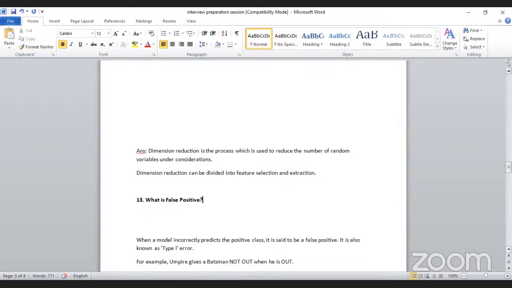So we have an example here. The umpire gives a batsman not out, but he is out. So that is false positive.